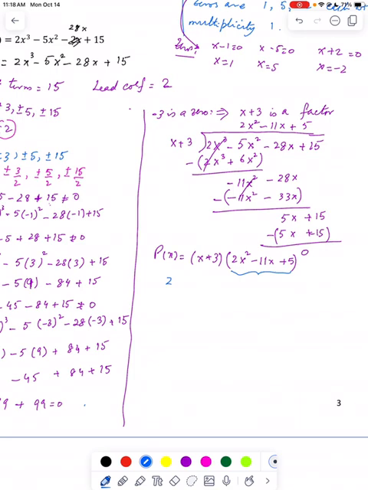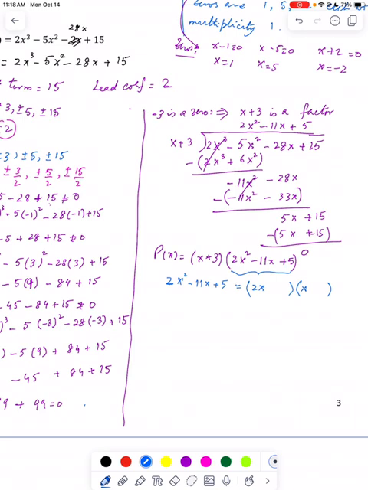Now if you are doing the guessing method, we write like this. So we know one of the factors should have a 2x, and then the other factor should have an x, so that when we multiply them, we get the first term 2x squared. Now we have to figure out what goes in the second terms of each piece.